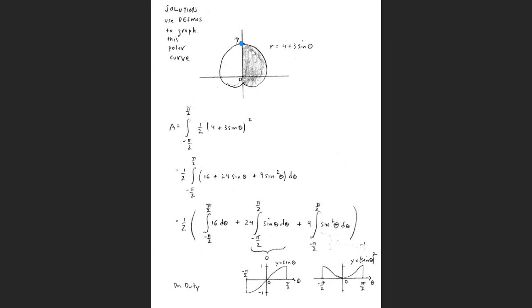This point here has a radius of 7, and theta is pi over 2. Because you're looking in the direction of 90 degrees and you're moving out 7 units, and that gets you at that point.